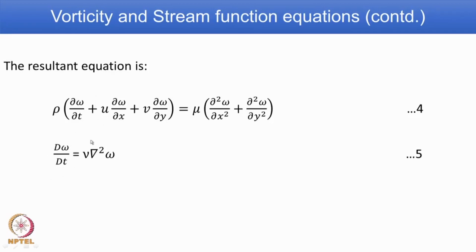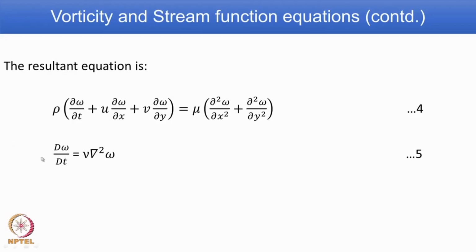The difference here is you see the function u, but it is not multiplying its own derivative, it is a different function. Hence, the nonlinearity associated with the convective term in the original momentum equation is simplified in this equation.